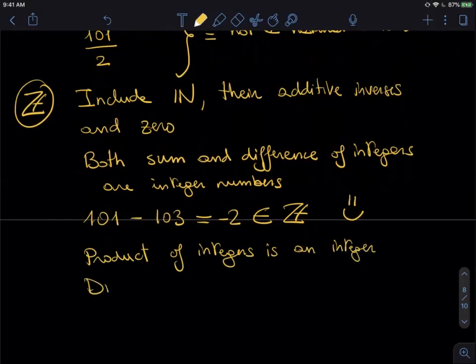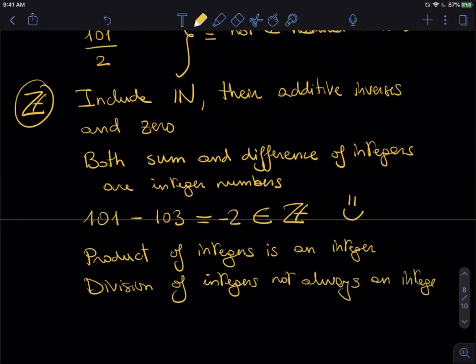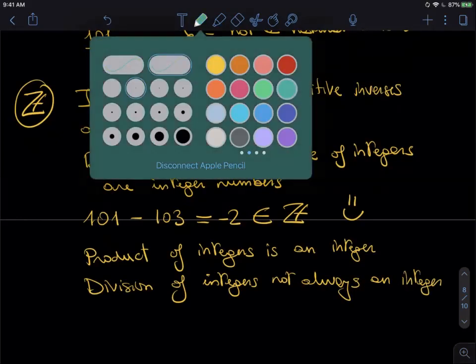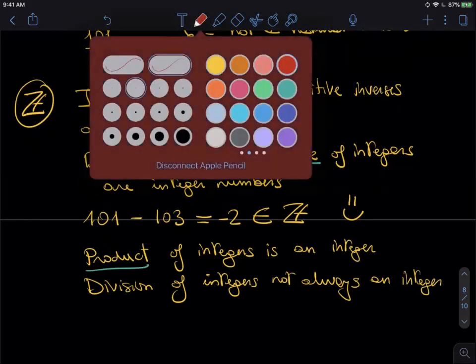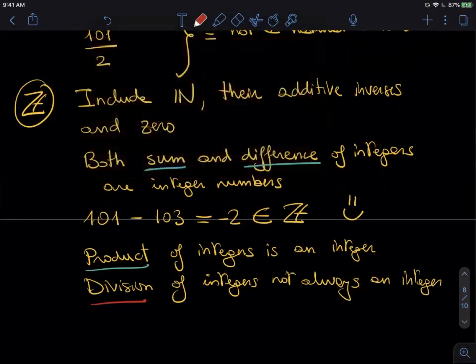The division of integers, not always an integer. Here the answer sometimes is not acceptable. So here we have the sum is good, the difference is good, the product is good, the division is not good.